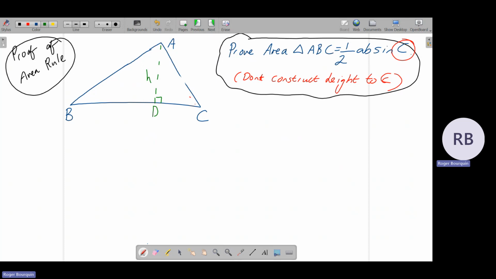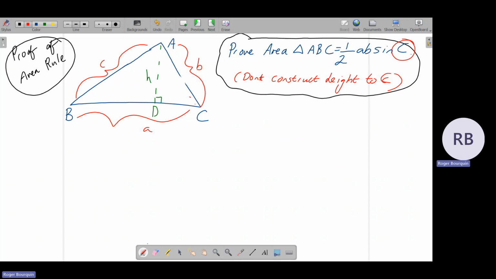One thing we should do straight away is label each side according to its little letters. So that's big B, so this will be little b. This will be little c. And this will be little a.